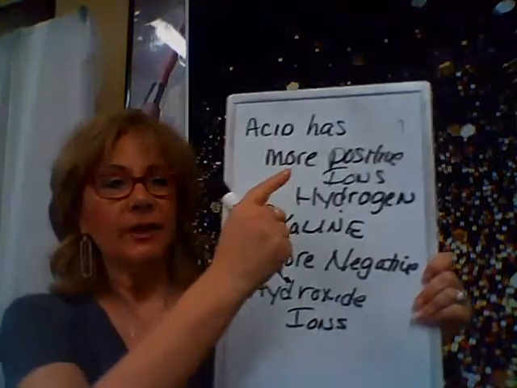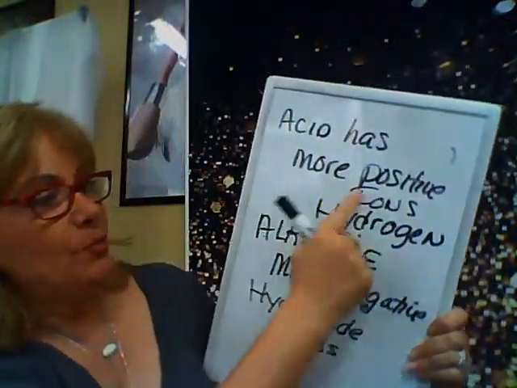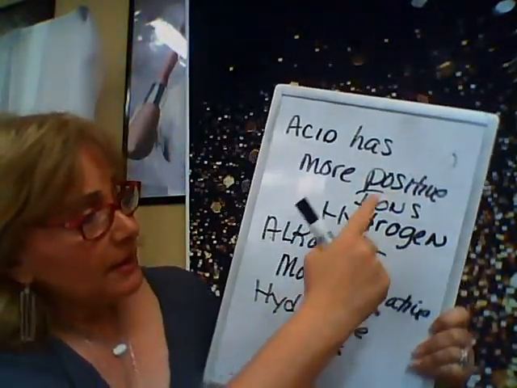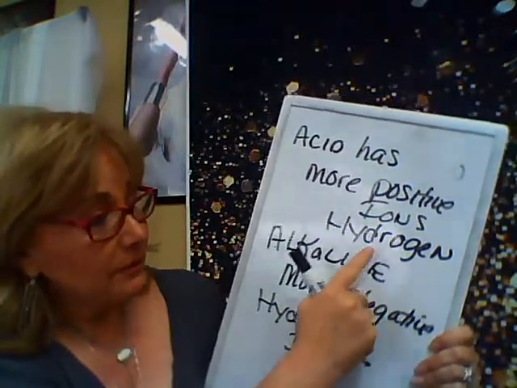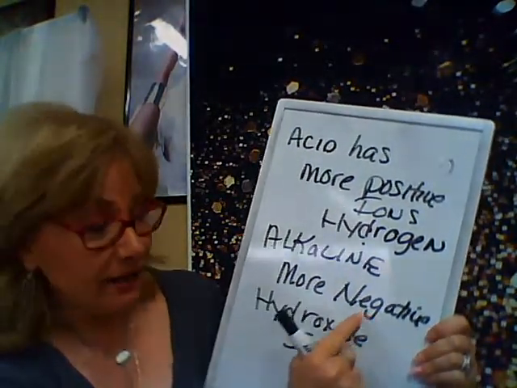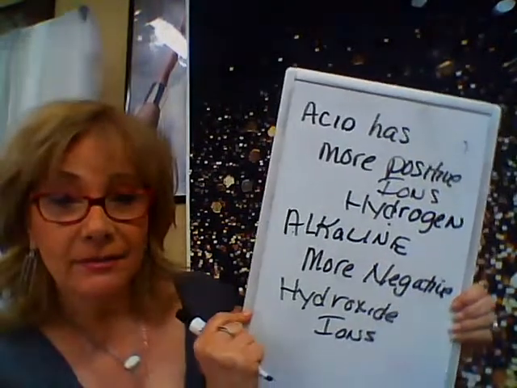And those acid positive ions are the hydrogen ones. Remember? Hydrogen. So I just added that word for you. So acid has more positive ions, and we're talking hydrogen. Alkaline has more negative, meaning hydroxide.